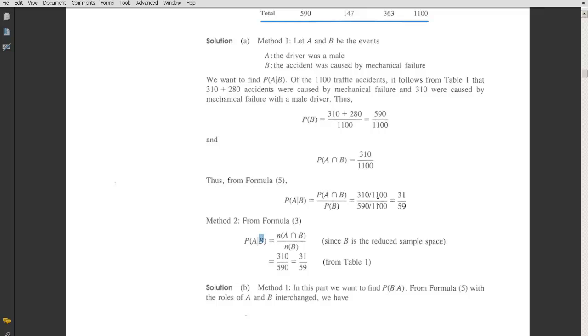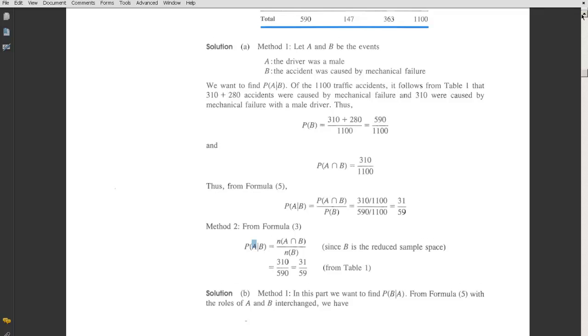So that's B, that it was caused by mechanical failure. And they ask what's the probability of A given that. So it's the probability that it was male given B. So now that we gave A and B meaning up here, we can rewrite the question as the probability of A given B. So that's what we want to know, the probability of A given B.